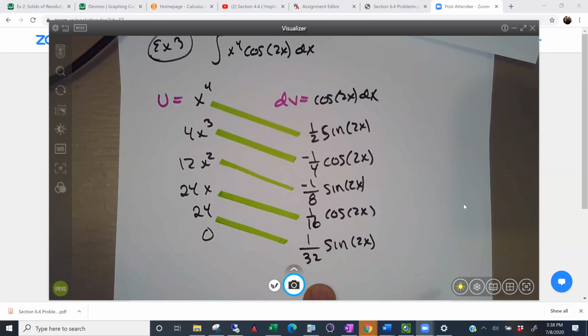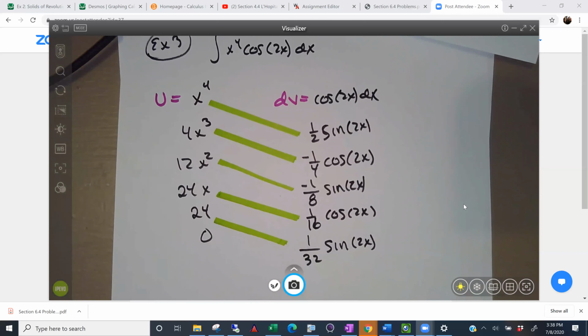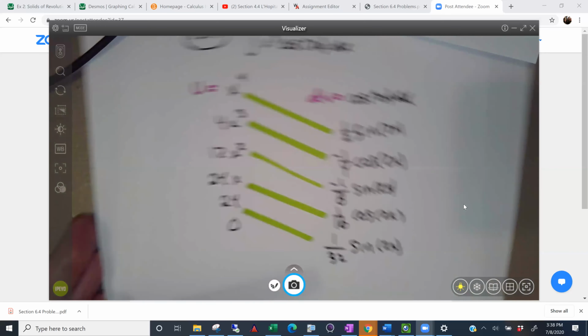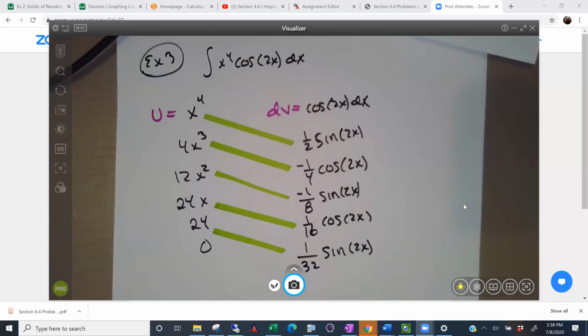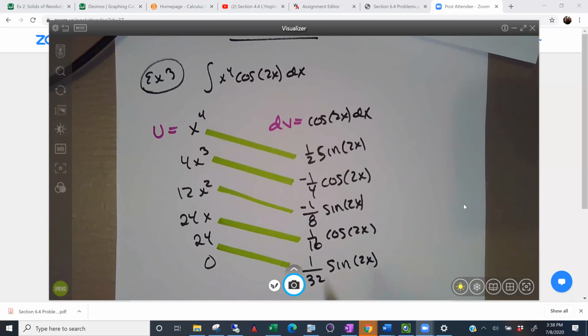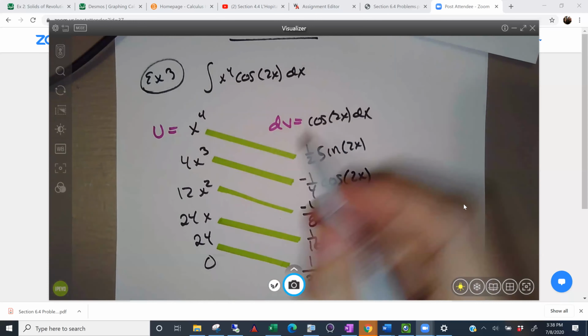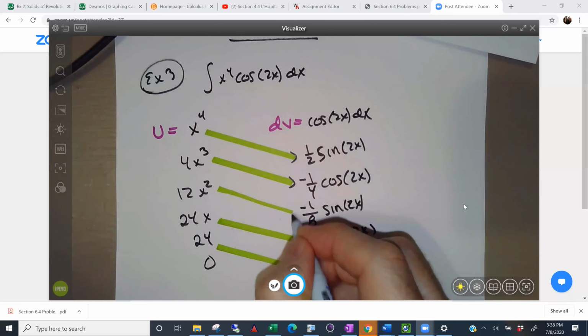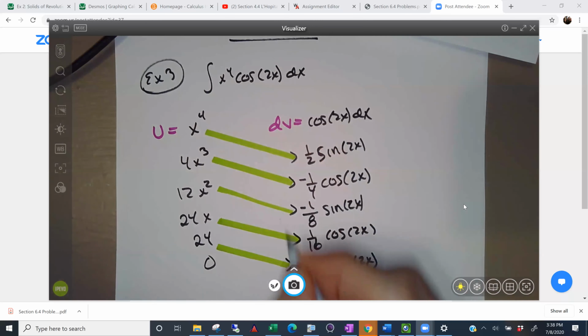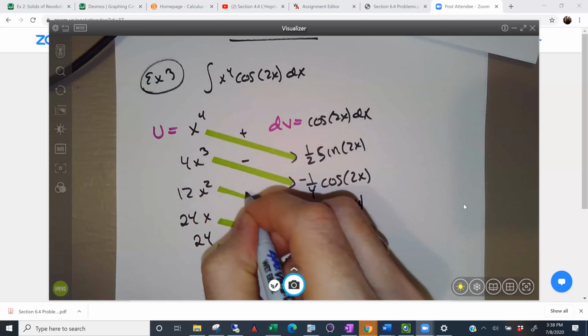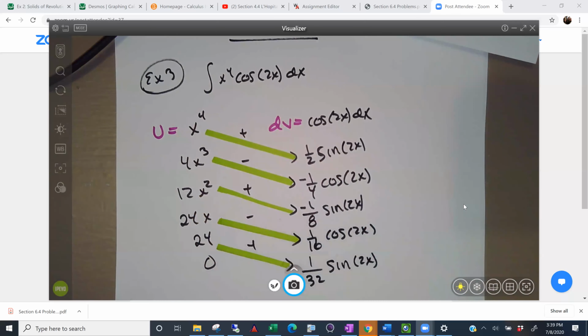Well, if I did another one, it'd be 0 times something, right? So there's nothing I need to worry about there. So I said we're going to multiply here. There's one last little thing. Plus, minus, plus, minus, plus.